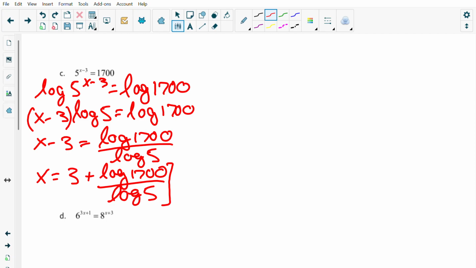The other thing, if they ask you for a particular form, you can take this because this is both base 10. You can use your change of base identity to rewrite it. Let's go ahead and rewrite it just for fun. That's x equals 3 plus log base 5. Take a look at where you get that new base from.